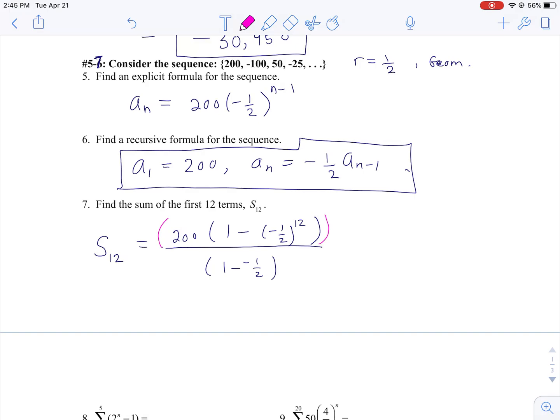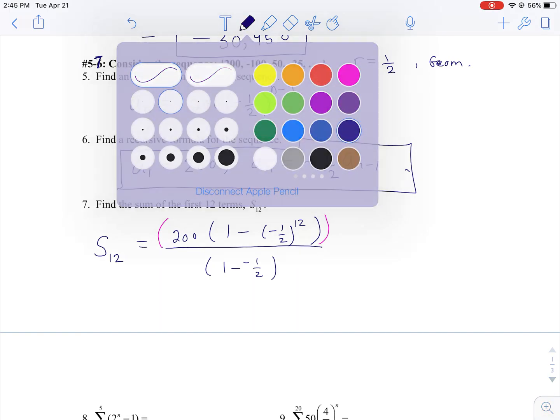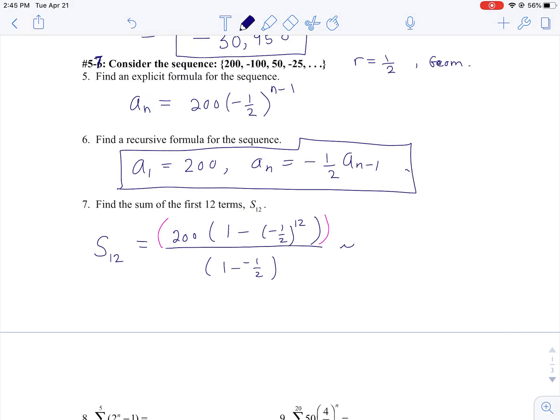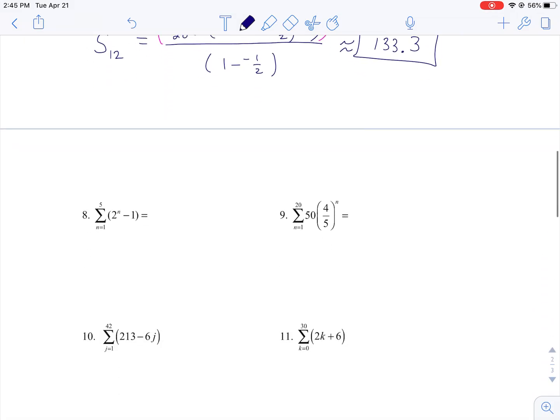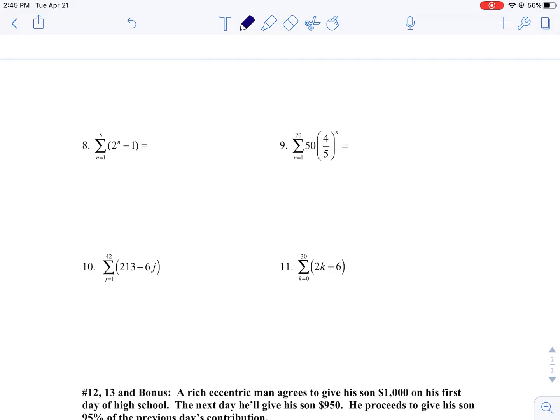Again, if you're going to put all this in your calculator, you have to group the top and the bottom together. If you put this in your calculator, you get about 133.3. Okay, moving on to the back. And I'm moving fairly quickly here, but I realize you can certainly hit the pause button.